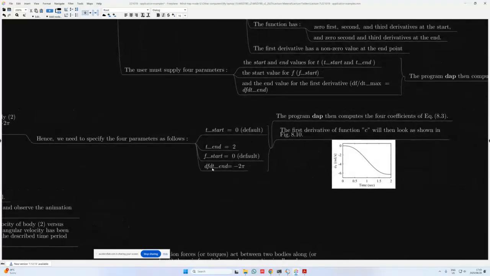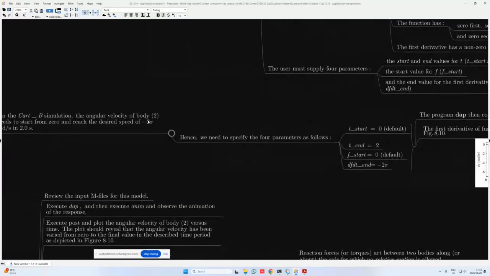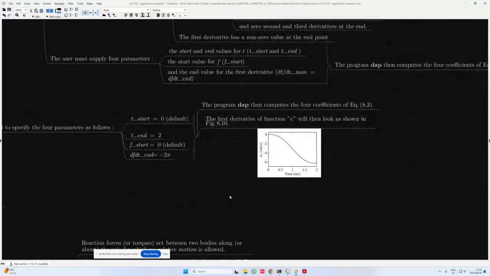And finally, df dt end is then the first derivative, so in other words, the angular velocity that we're looking at for the function, and that is the minus 2 pi radians per second, which is also given over here.